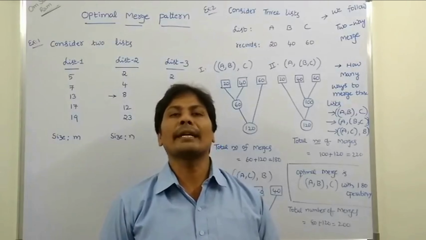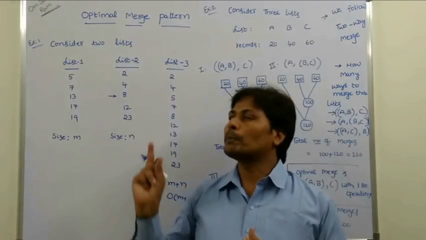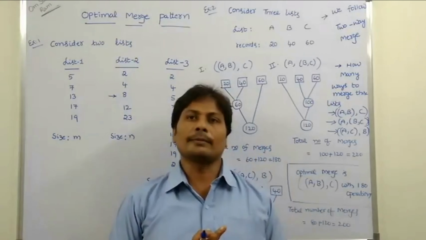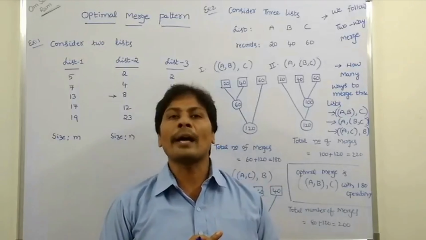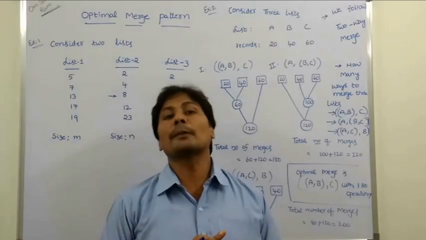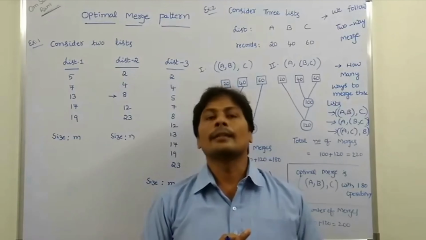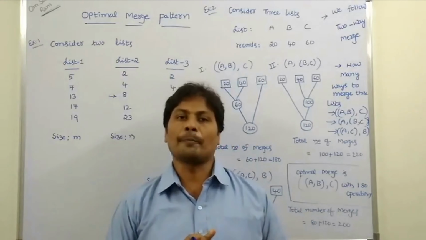So what is the optimal solution in the case of optimal merge pattern? A solution with the minimum number of comparisons, or the minimum number of merge operations, can be treated as the optimal solution.